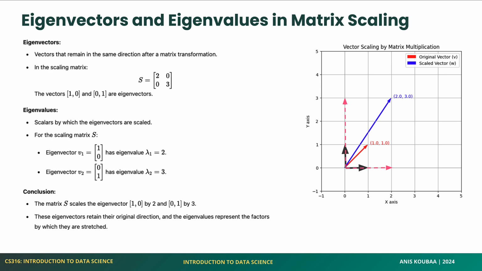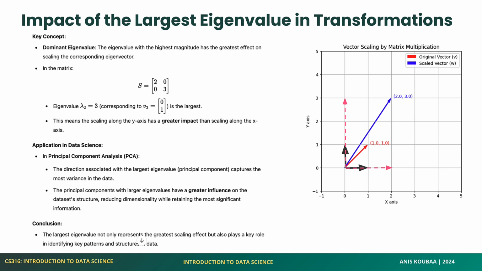So among the eigenvalues, there are some values that are bigger than others. So usually we need to sort them. And usually in data science, we look at what we call the dominant eigenvalues. Those dominant eigenvalues are the greatest numbers and will have the greater impact in terms of scaling along the different axes in the space.